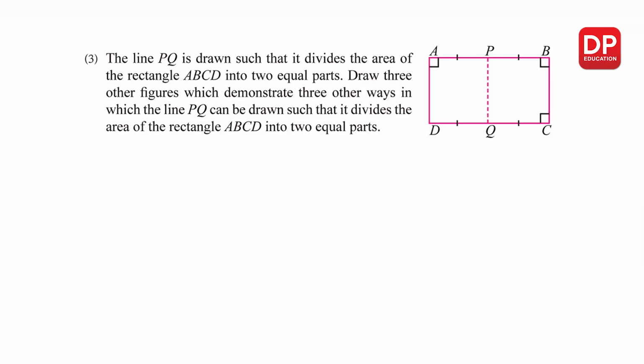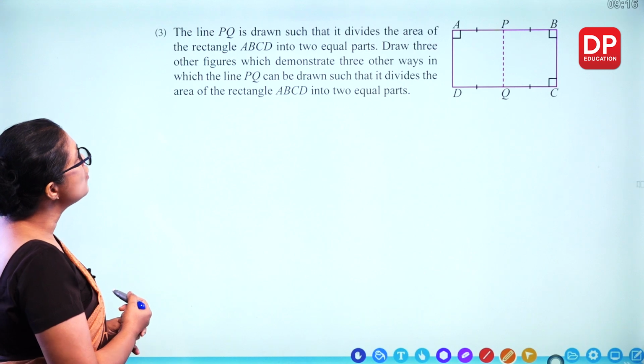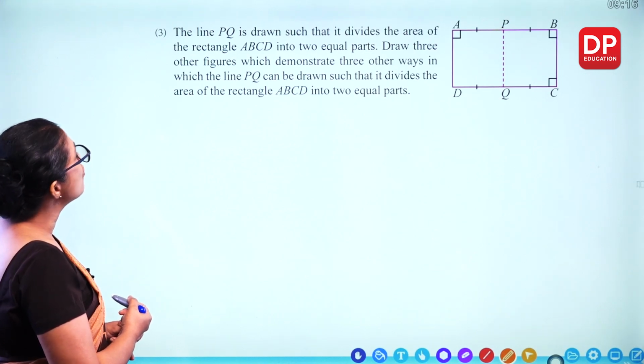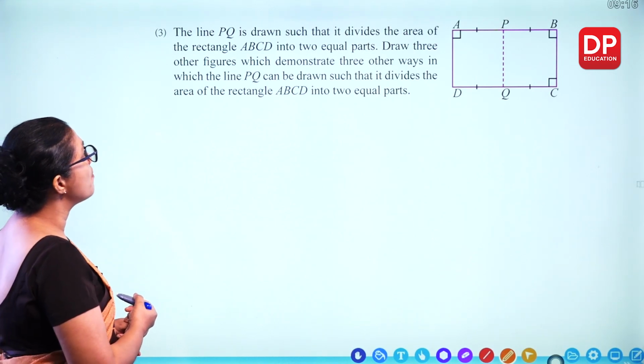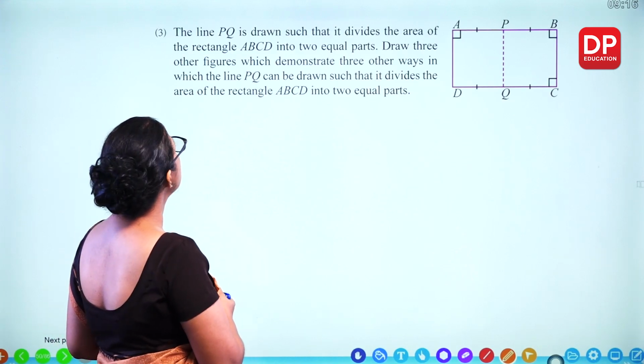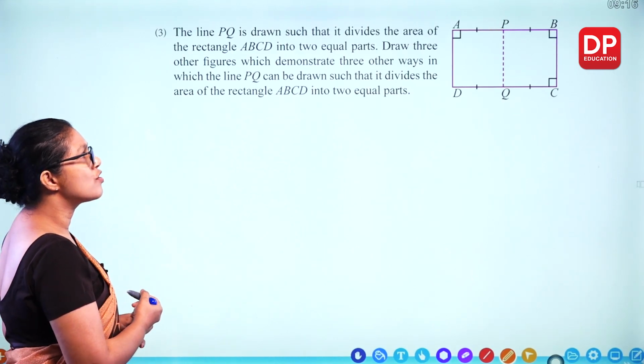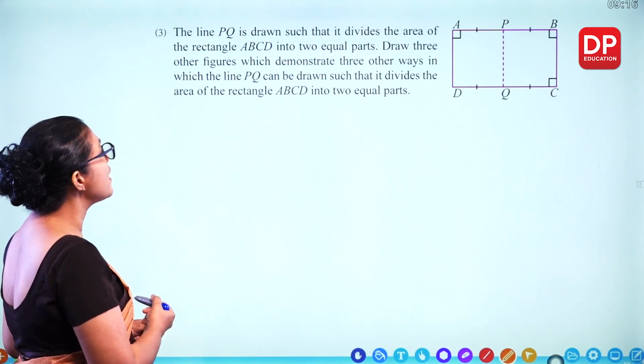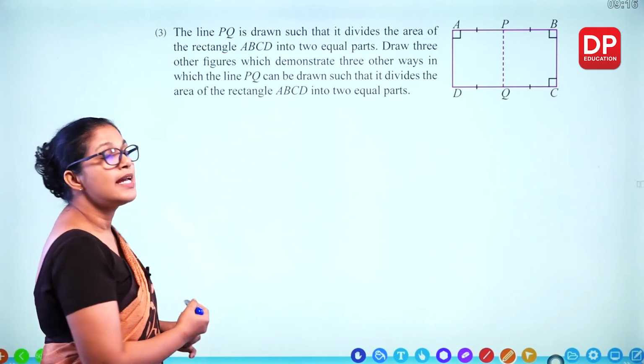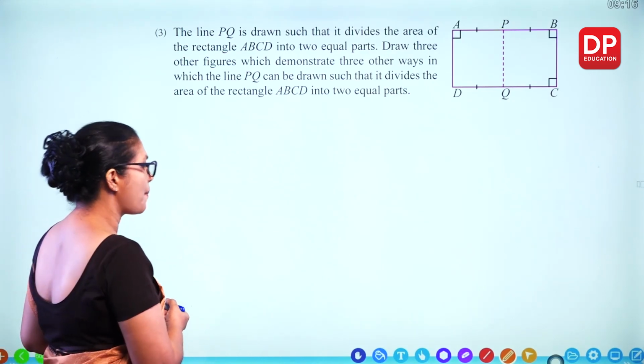Third one, the line PQ is drawn such that it divides the area of the rectangle ABCD into two equal parts. Draw three other figures which demonstrate three other ways in which the line PQ can be drawn such that it divides the area of the rectangle ABCD into two equal parts.